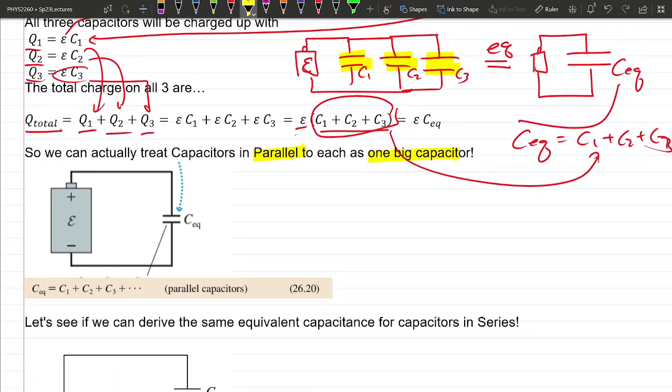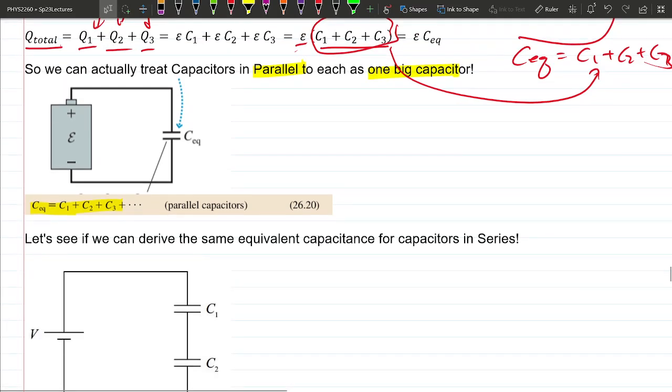Therefore, the general way to calculate the equivalent capacitance is, if you have capacitors in parallel, you can just add the capacitor values up. So if this was 1 microfarad, this is 2 microfarad, and this is 3 microfarad, the equivalent will be 6 total, okay?